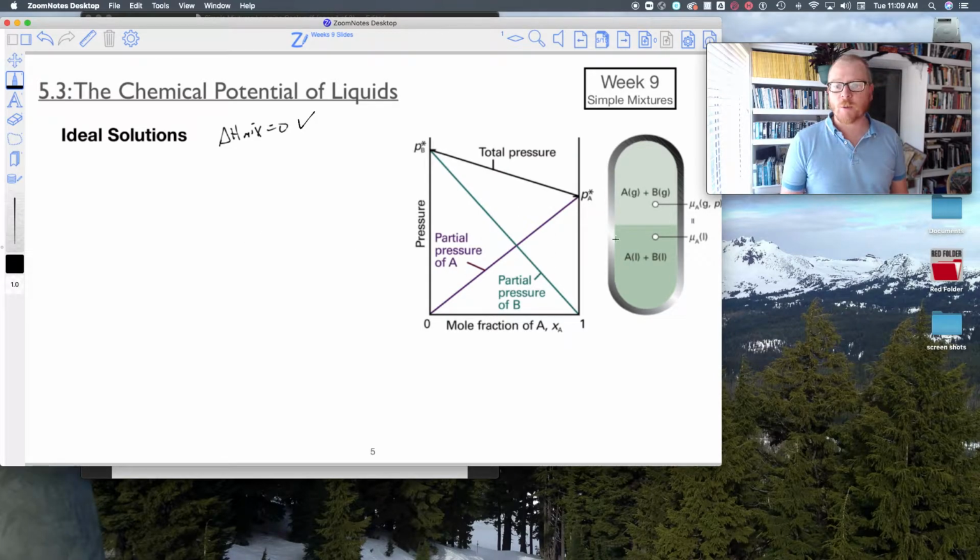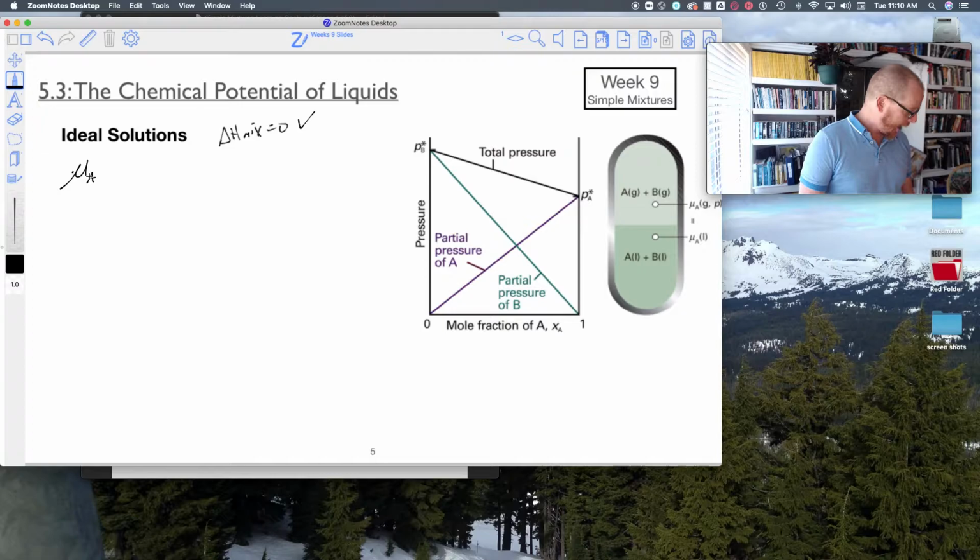So we note that when I have a mixture of liquids A and B in some closed container, it will be in equilibrium with the vapor of A and B. Suppose the chemical potential of A, and I'll put a star on there, the star denotes a pure phase, so that's going to be my nomenclature.